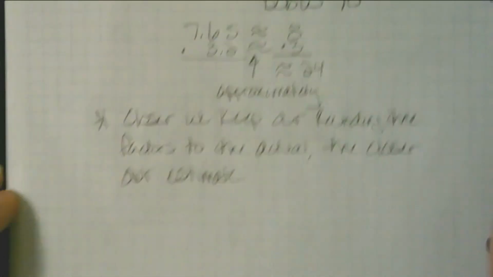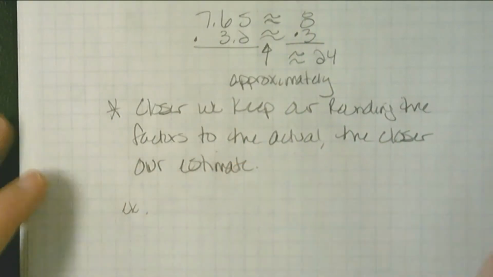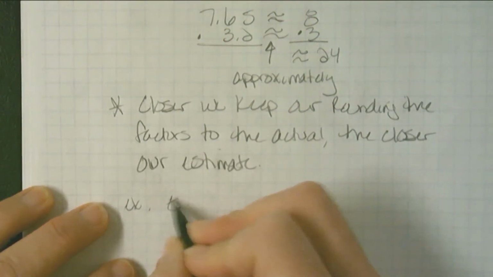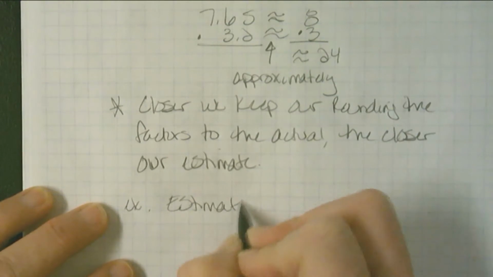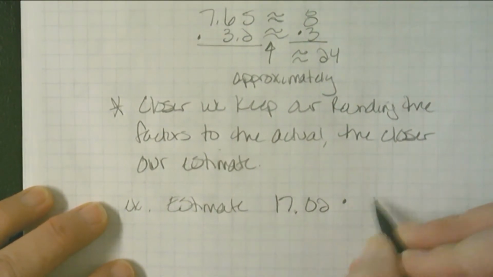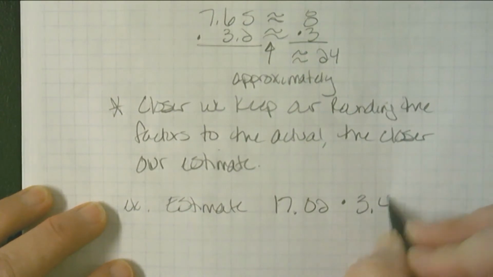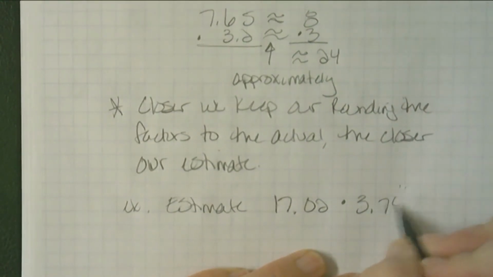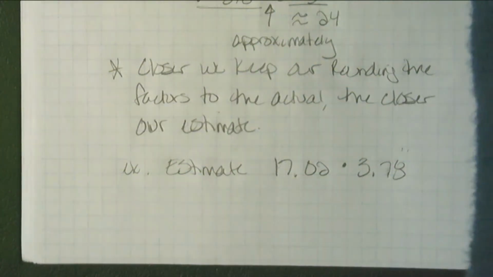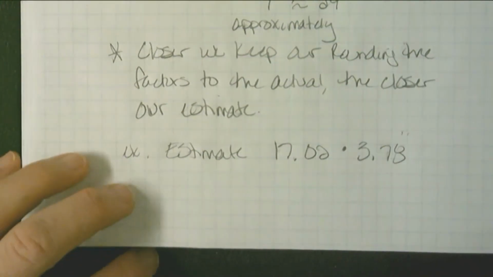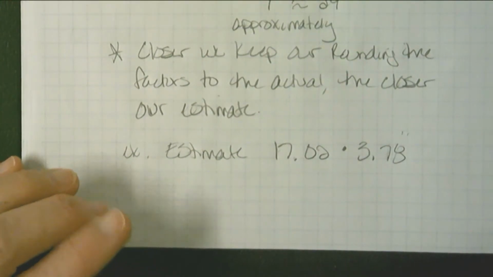So if you have numbers like this, if we want to estimate 17.02 times 3.78. All right, what would you round 17.02 to?